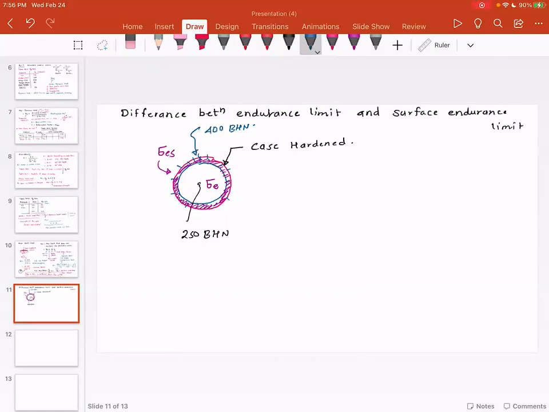Now I want you to look at the failure because of the strength. So when you have a failure because of the strength, this whole piece is resisting that failure. But if you have a failure because of the wear, it doesn't start at the core. So the failure in the core is because of the strength failure.